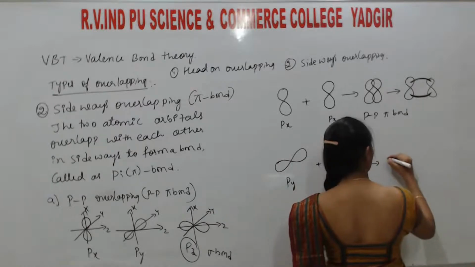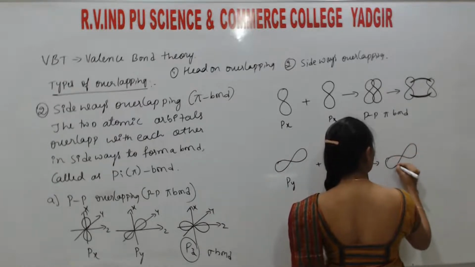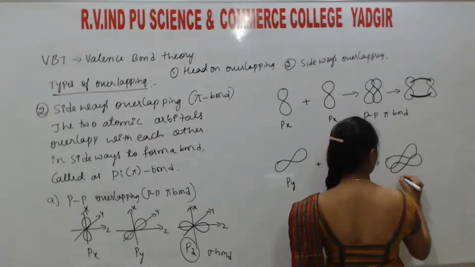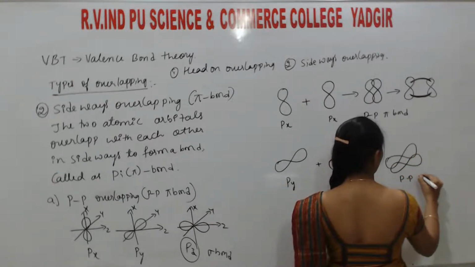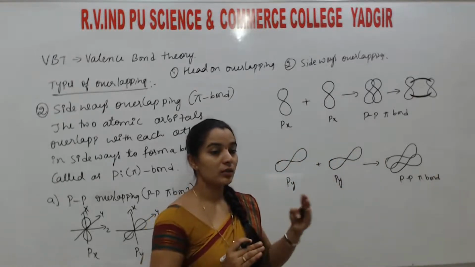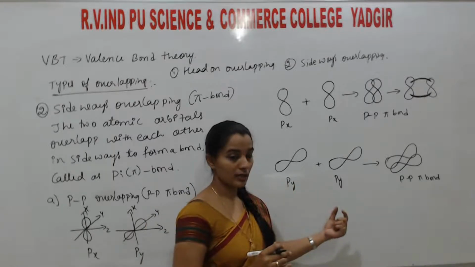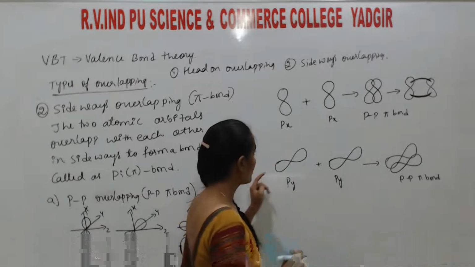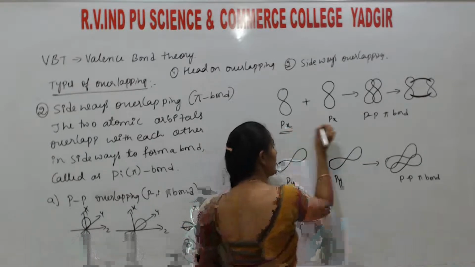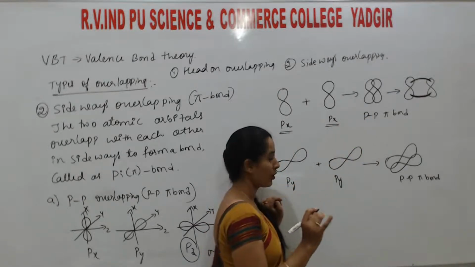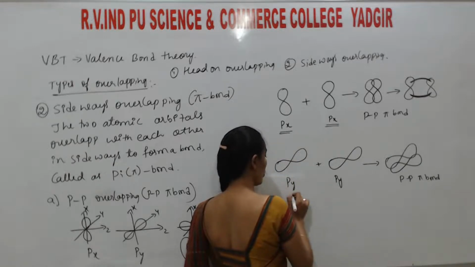Then this is how the bonding takes place. This is PP pi bond. Remember students, whenever orbitals overlap, S overlaps with S, means 1s with 1s, not 1s with 2s. And remember, Px overlaps with Px, and Py with Py, then only they have the capacity to form pi bond. Px cannot be overlapped with Py.